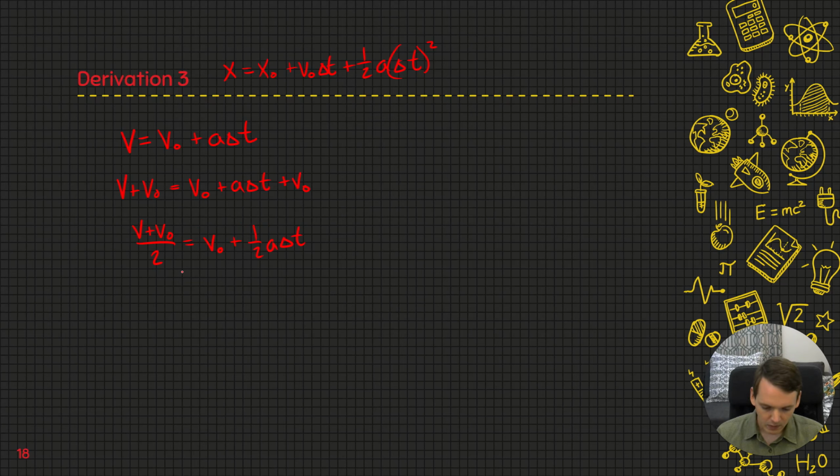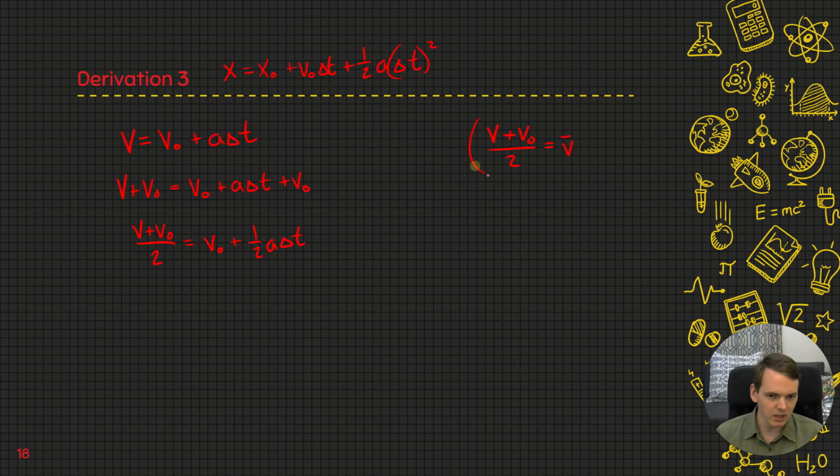From this point forward, there's this little bit that we didn't talk about, but if acceleration is a constant, the average velocity is just the final velocity plus initial velocity divided by 2.